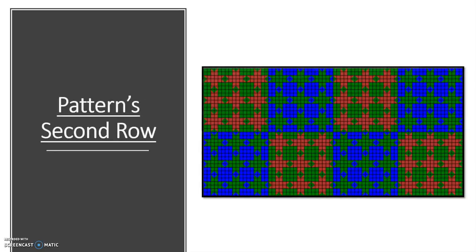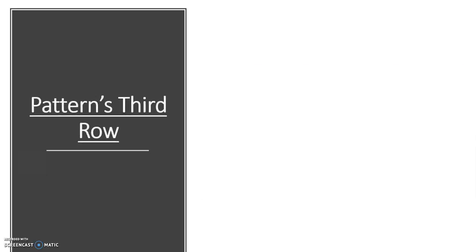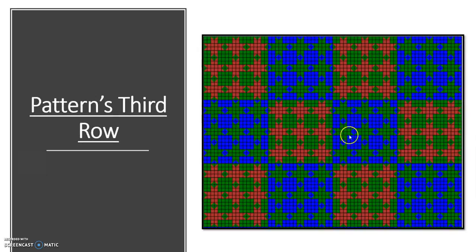And here's the second row. As you can see, the pattern alternates itself. This is just an image for now. There's the third row.